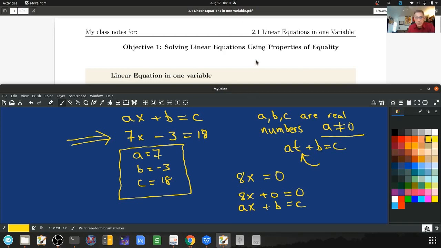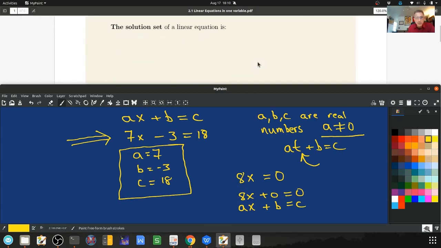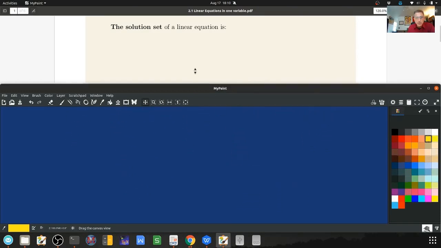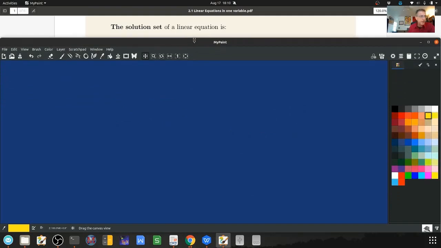So let's go on to the next concept. The solution set of a linear equation. Let's first define what a solution to a linear equation is. I'm just going to write LE for linear equation because I'm being lazy.